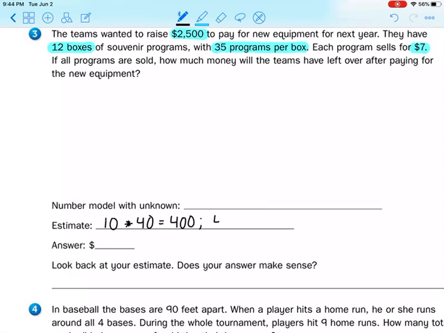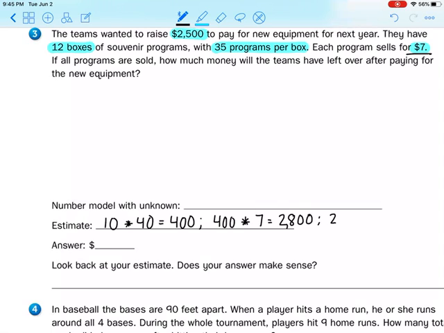So then I'm going to take the 400 programs and I'm going to multiply by 7 because they're selling them for $7 each. And I would get 7 times 4, which is 28. So 7 times 400 is 2,800. So if they sold all of them, they would make $2,800.